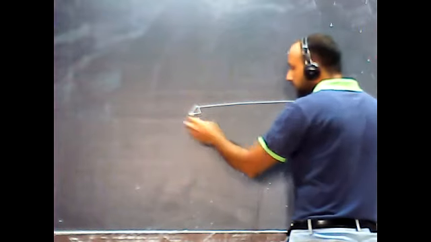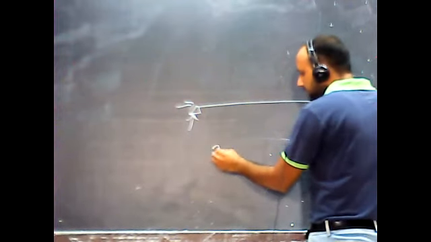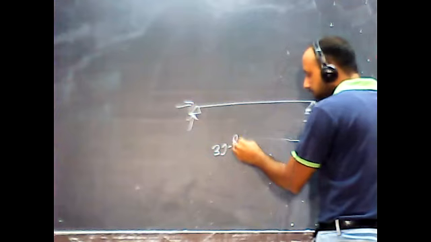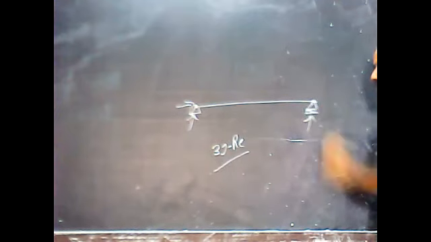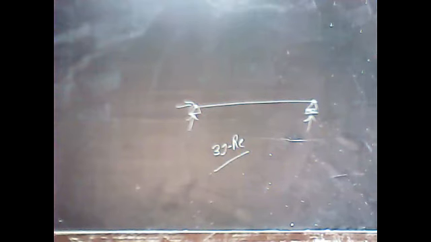Draw the free body diagram. The degree of freedom comes out to be 0. 3J minus RE. How many joints? 1, 2. Actually, they are not joints, but for simplification to understand this concept, I am considering these as joints.